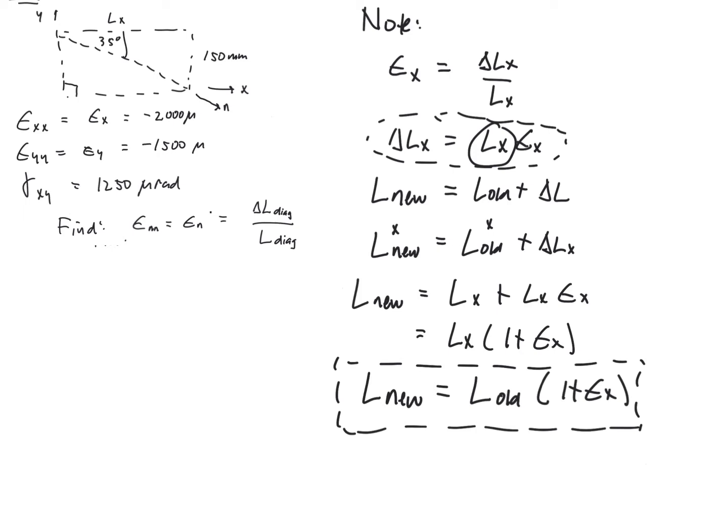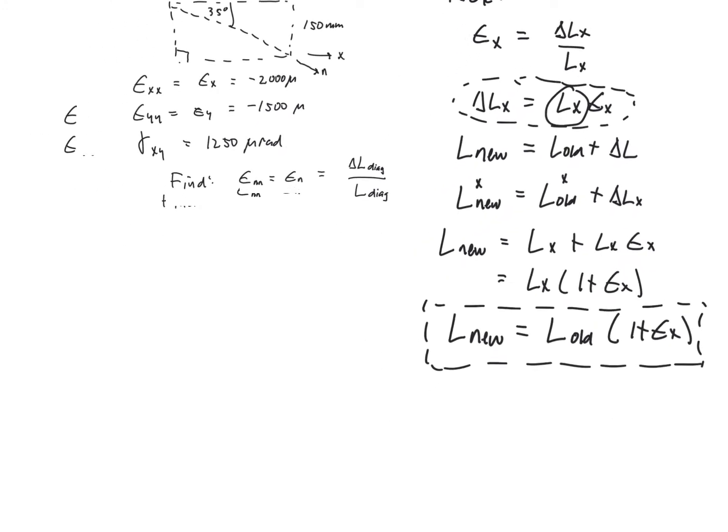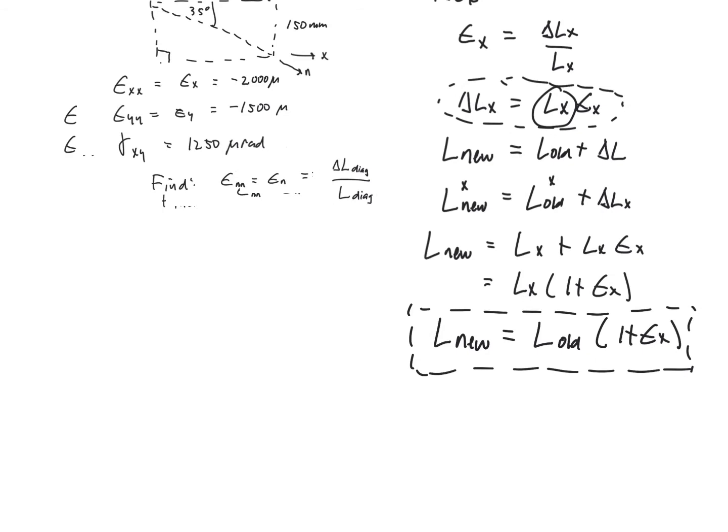And let's see if we can practice it now. So what we would say is that the new length in the x direction, we'll call that prime. Let's let the new be the prime. So we would say then that Lx prime, the new length, is going to be the original length, Lx, times 1 plus epsilon x.